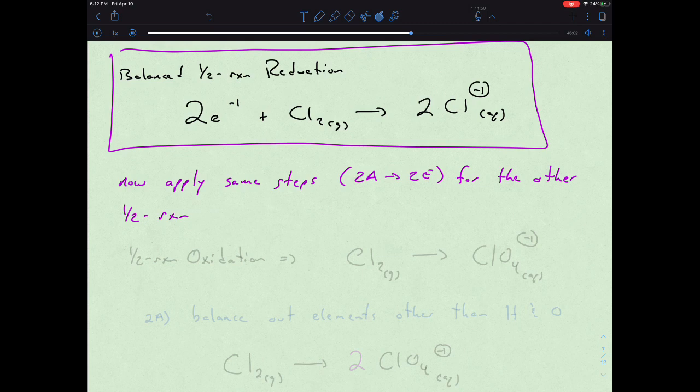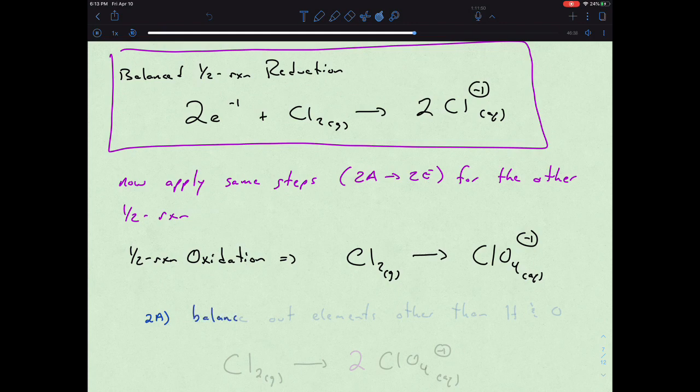So now we're looking at that half reaction for oxidation. And that was looking at the chlorine gas producing perchlorate. So we just go through those steps again.